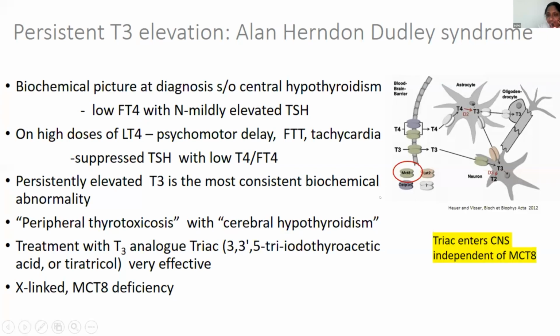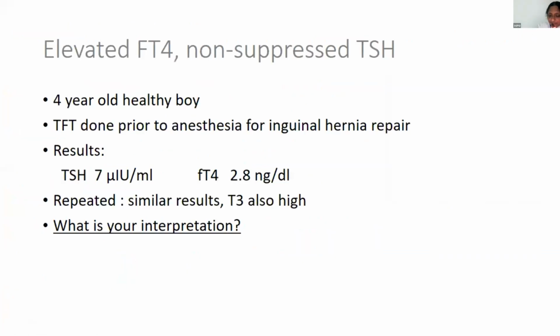There is a very successful treatment for this with Triac. That is actually a T3 analog. So Triac enters the CNS independent of MCT8. It's an X-linked condition, and there are a few children on Triac being imported from outside, and these children are doing well. There are a few children in our center also being treated for this condition.